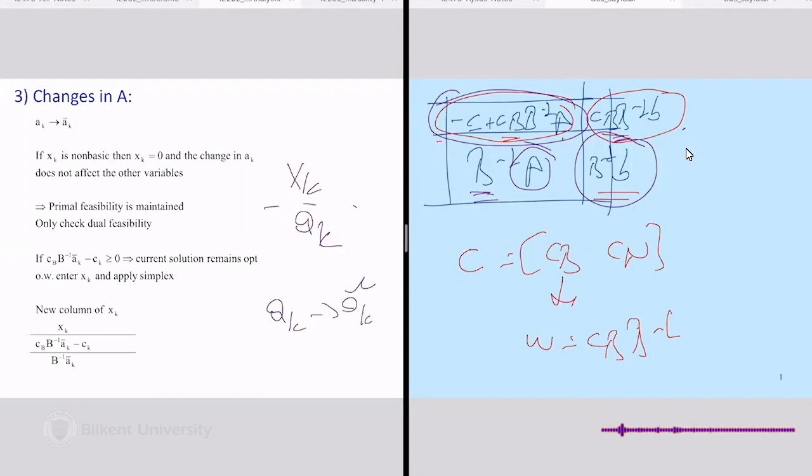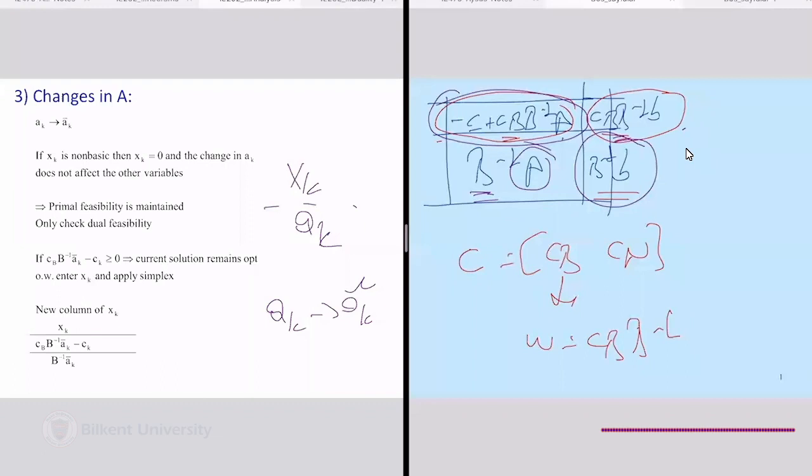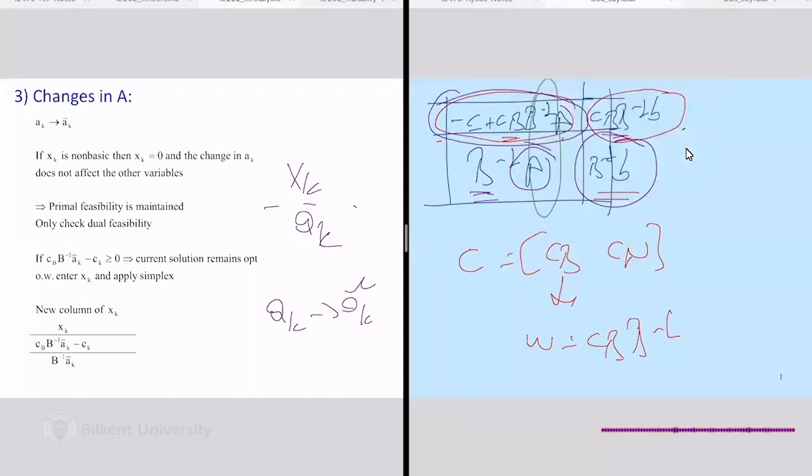That means I just need to check one column in here, that kth column there, all right? And see what happens. First of all, since it's not in B inverse, if the AK is non-basic, which feasibility will remain intact, not changed? Again, write it in the chat room.